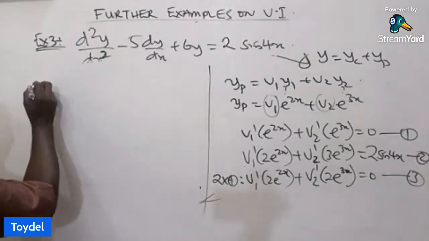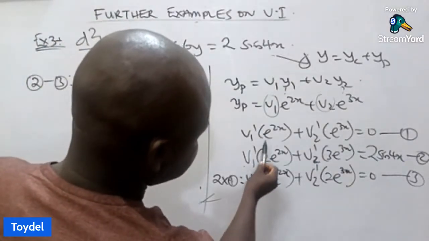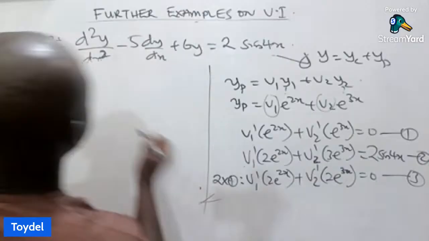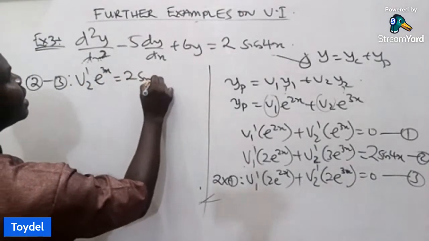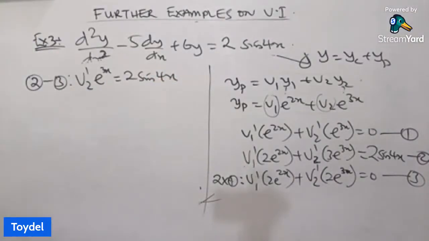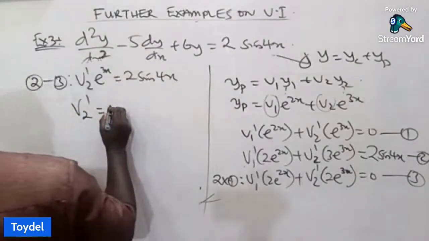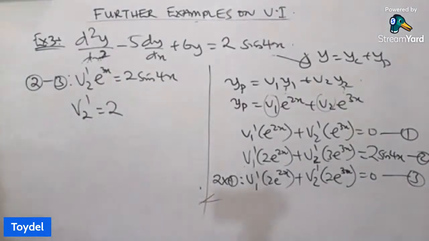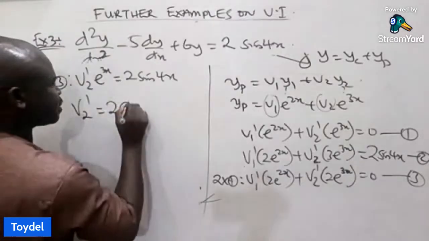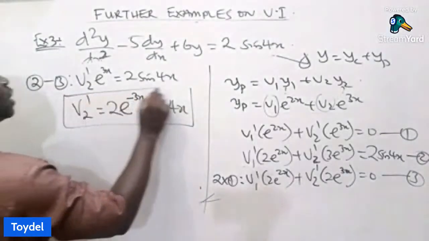This will cancel out, and I'm going to get v2 prime e^(3x) equal to 2 sine 4x. At the end of the day, v2 prime will be equal to 2 e^(-3x) sine 4x if I divide both sides by e^(3x). That is the value of v2 prime.